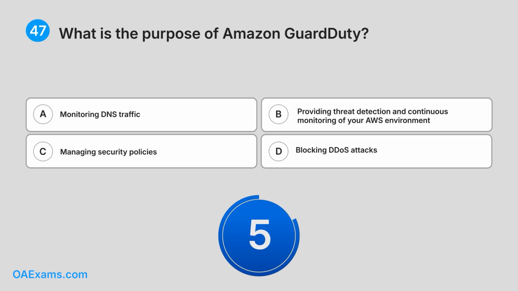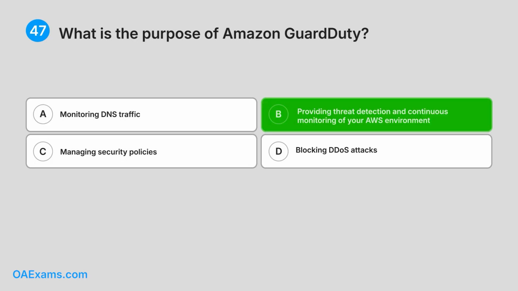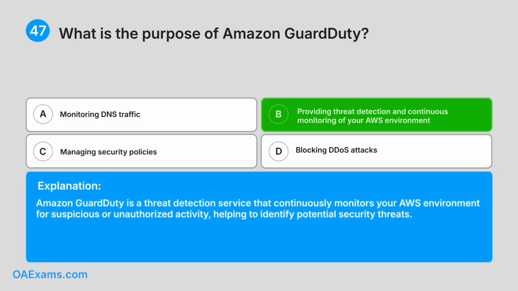What do you think is the answer? Correct answer. B. Explanation: Amazon GuardDuty is a threat detection service that continuously monitors your AWS environment for suspicious or unauthorized activity, helping to identify potential security threats.